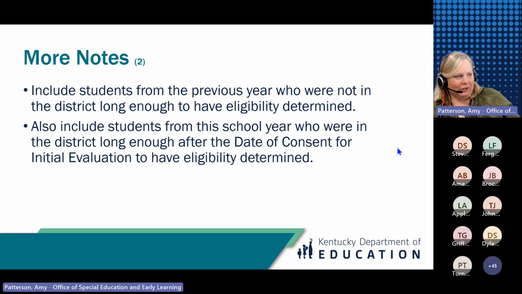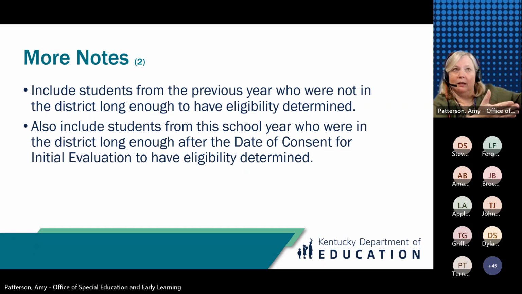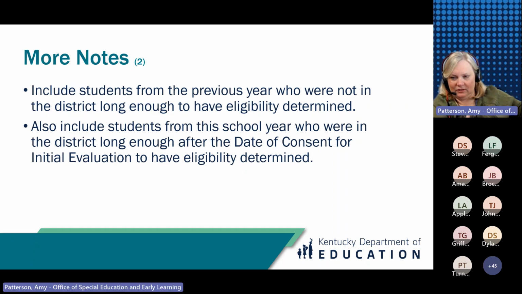Okay. So I'm going to explain this one more time just to make sure. You want to include any kids from last school year where you didn't have time to complete eligibility determination. So you got consent at the end of the school year. There were not 60 school days between the time you got consent until the end of the school year.